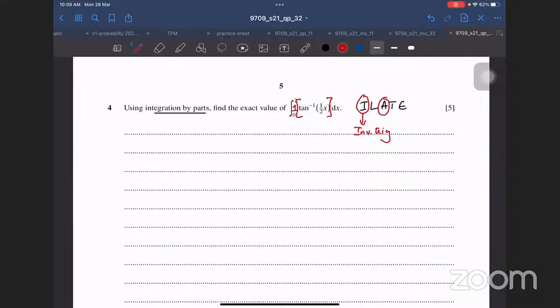The first in this order becomes u, so u equals tan inverse of half x. And the second in this order becomes v dash, so v dash is 1. V therefore is x. The differential of tan inverse is 1 over 1 plus half x squared, times half.